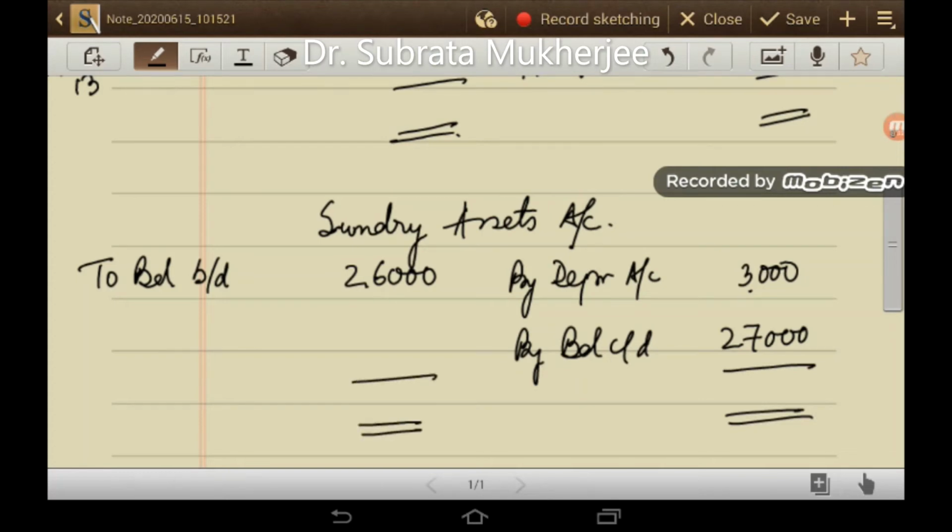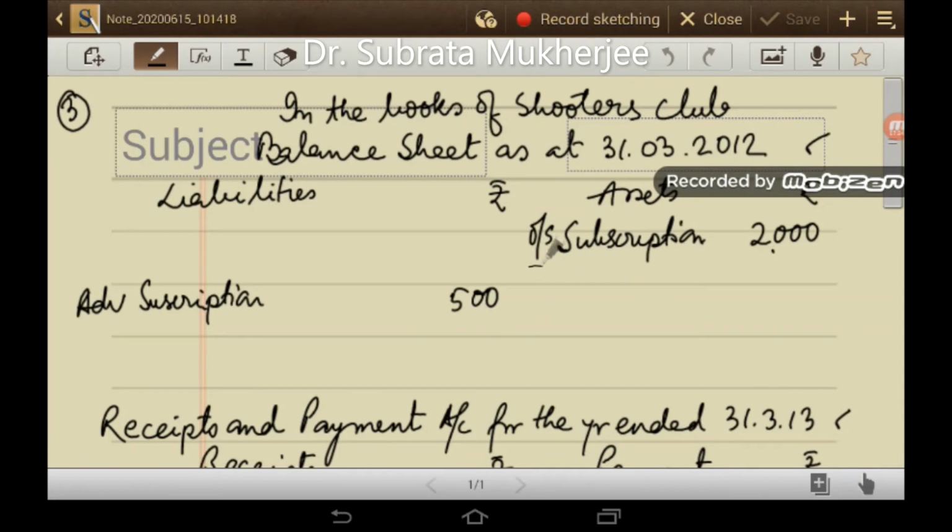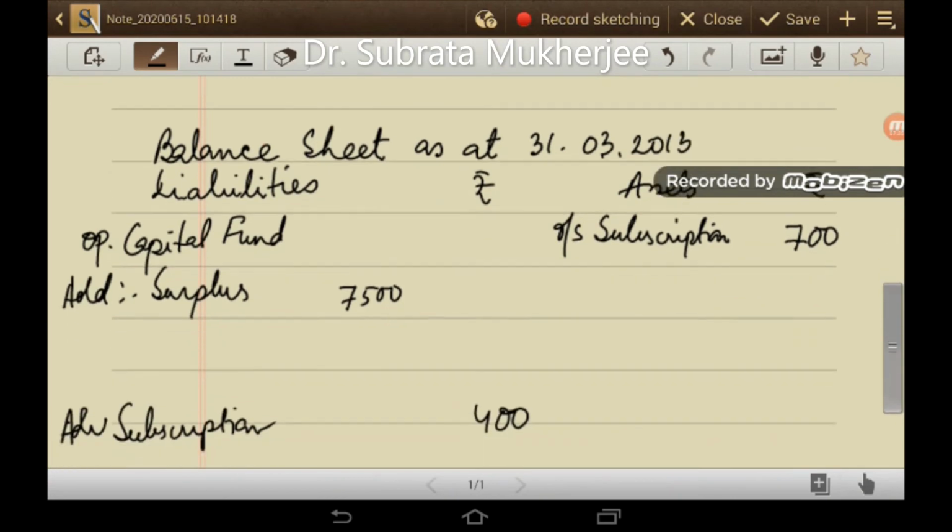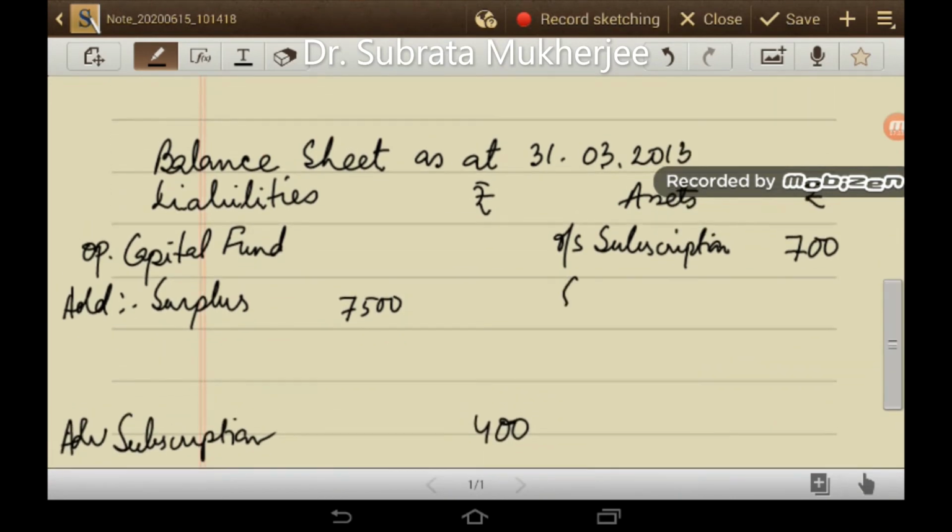So let me first post. Sundry asset, I am writing the opening balance in the opening balance sheet for rupees 26,000 and the closing balance in the closing balance sheet. So sundry asset is rupees 27,000.